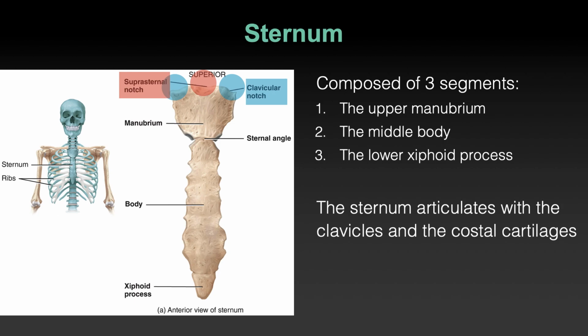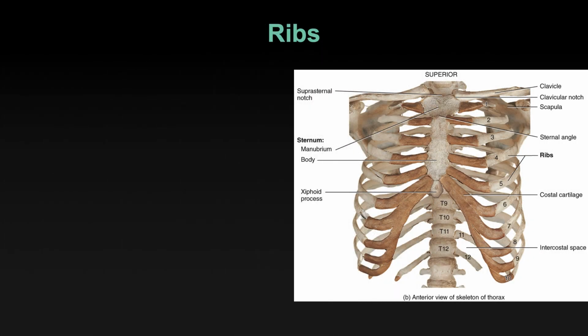Stationary point is the manubrium. At the clavicular notch is where your clavicle will articulate. So that's what we care about as far as the breastbone is concerned. Other than that, it's an attachment point for the costal cartilages, which are the anterior projections of the ribs.